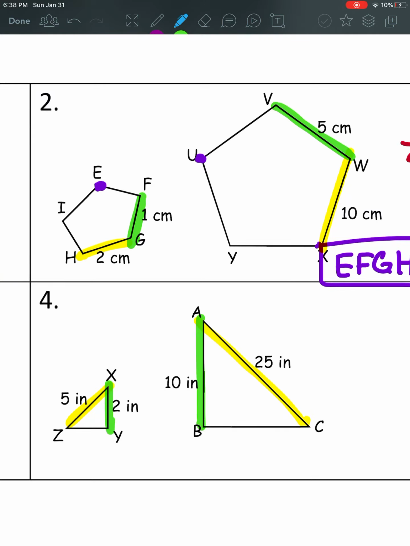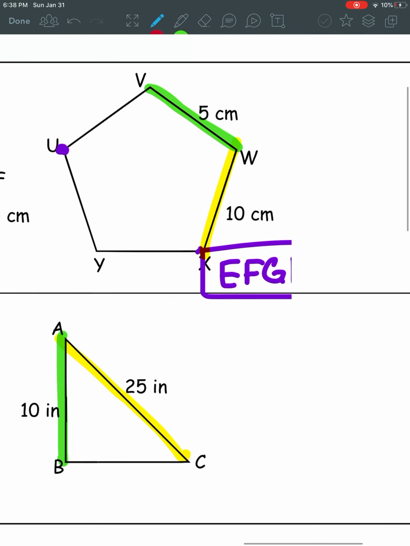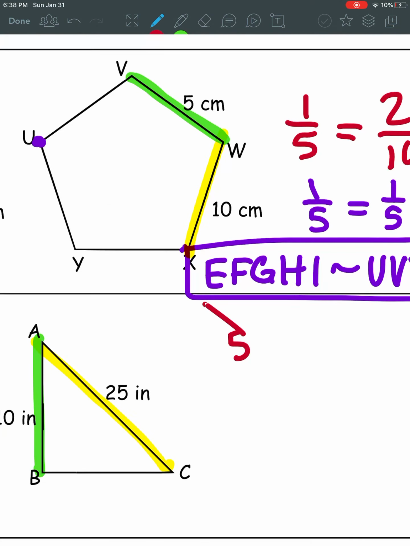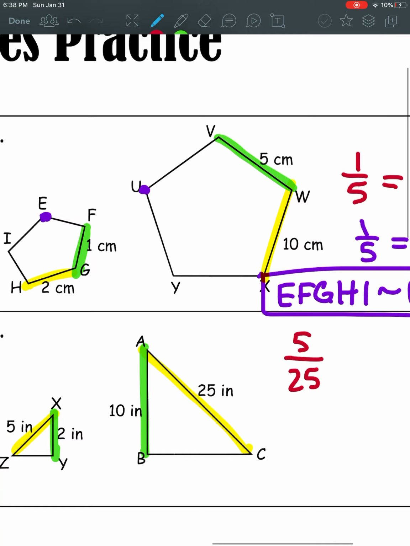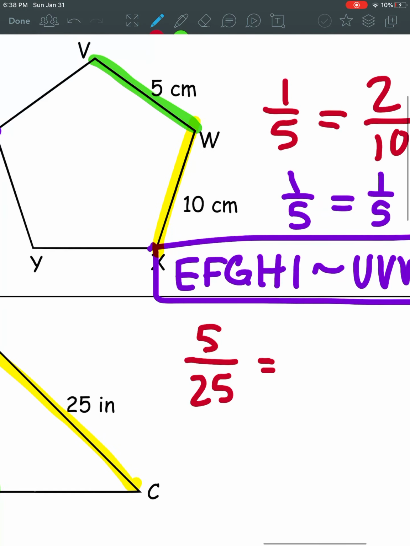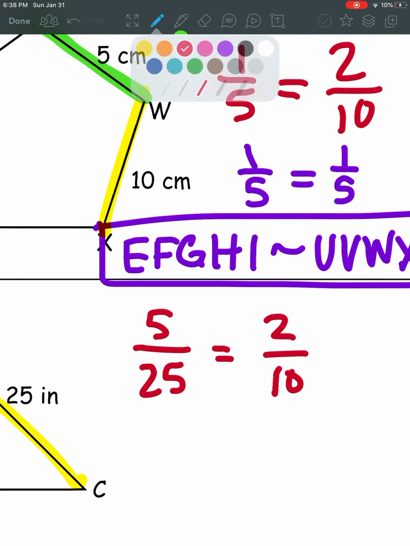Again, notice these are actually reflected, so the 5 matches up to the 25, and the 2 matches up to the 10. So you may not be writing these the exact same proportion as I am, but you want to make sure that the corresponding sides match up, and then whatever shape goes on top also goes on top in the second shape.